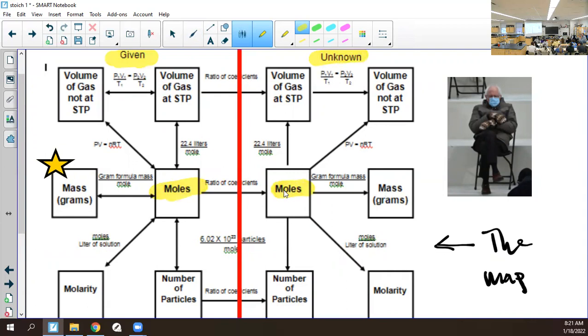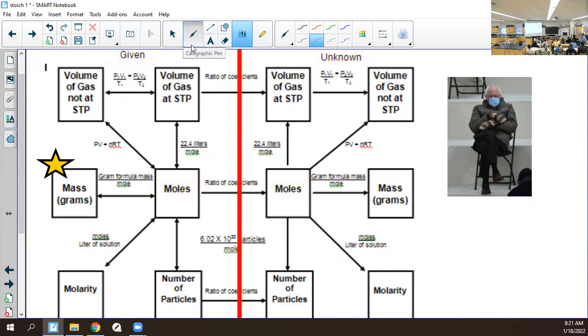That's what we did Friday. And the shape of that picket fence was a horizontal line and one vertical line, right? So to go from moles to moles, I just had this structure. But now I'm going from grams to moles, or from moles to grams.